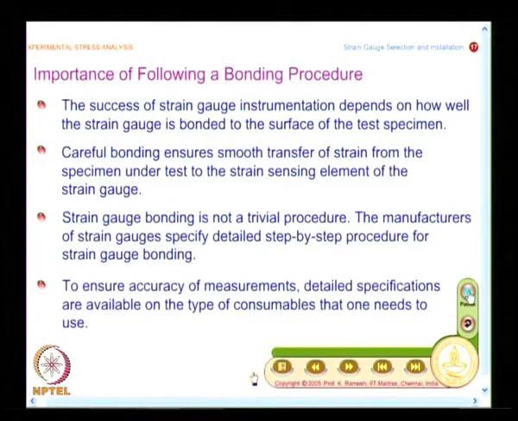If you miss out, as I have mentioned, in strain gauge technology we are measuring very small quantities. Every small action that you are supposed to do has an influence on the final performance of the strain gauge system, and that is the reason why this is titled the importance of following a bonding procedure.